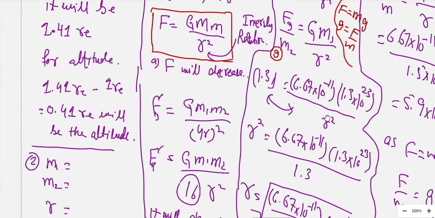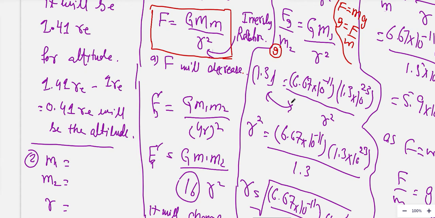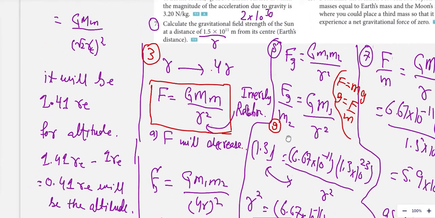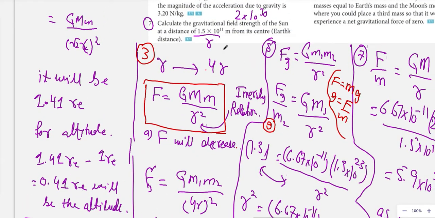Then we can rearrange this equation for r. 1.3 is given in the question statement, that this is the gravitational field strength, or you can say this is the gravity of Titan, because this is equal to force per kilogram, which is force divided by mass.